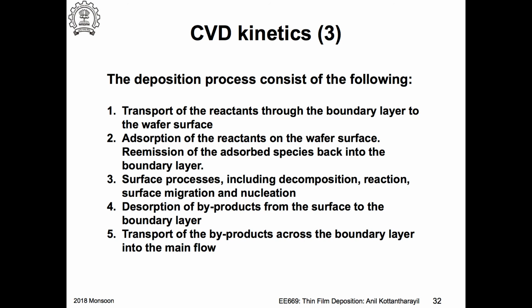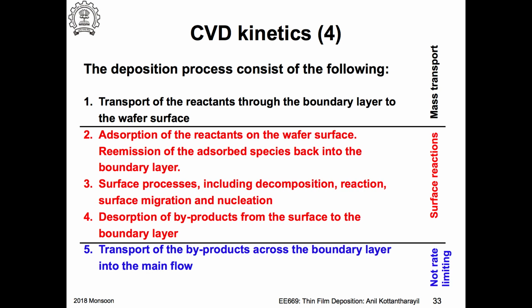Re-emission of the adsorbed species back into the boundary layer, that can happen, right? Surface processes including decomposition reaction, surface migration and nucleation, desorption of byproducts from the surface to the boundary layer, and transport of the byproducts across the boundary layer into the main flow. So these are the things that can happen during the film deposition.